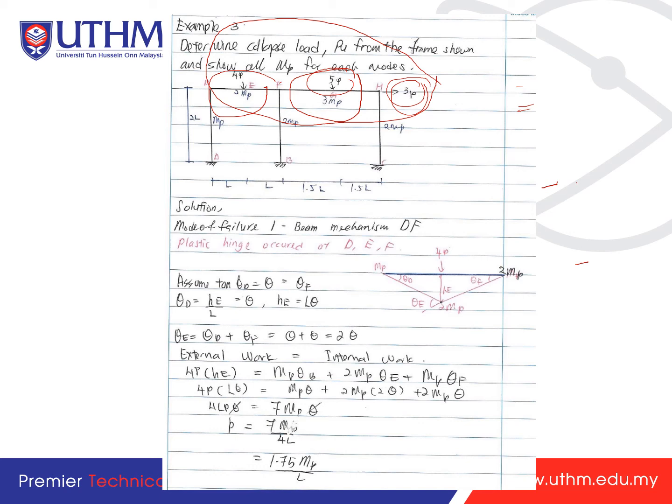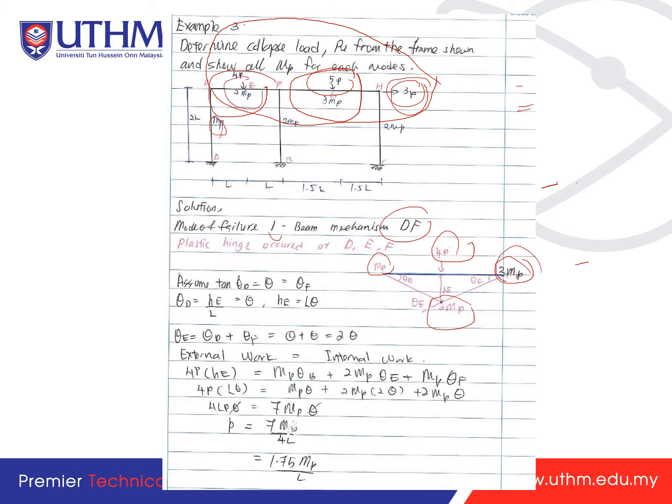So let's look at mode of failure 1, which is caused by the beam DF. You have 4P applied here, so you have MP here, 2 MP here, and this is MP. Here is MP, and then here you have 2 MP.